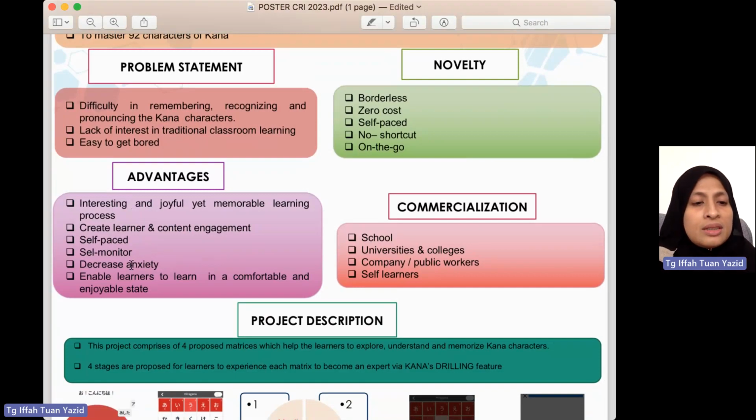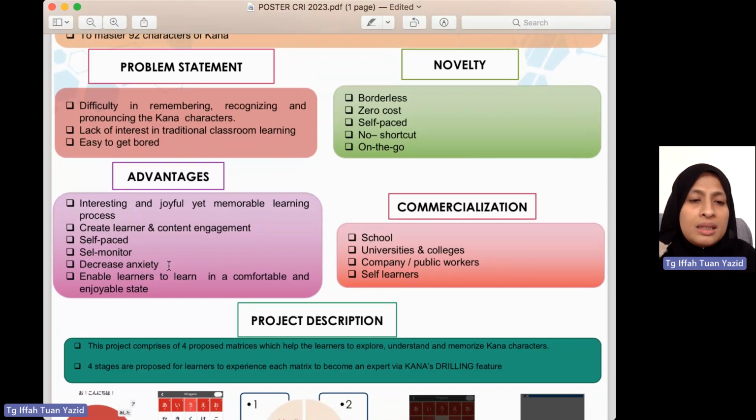It can also decrease anxiety. In a traditional classroom, if learners cannot remember the characters, because of the difficulty of remembering and recognizing them, it triggers anxiety.